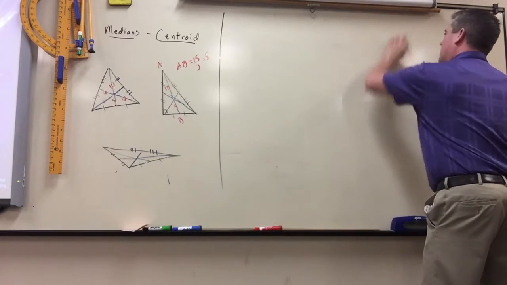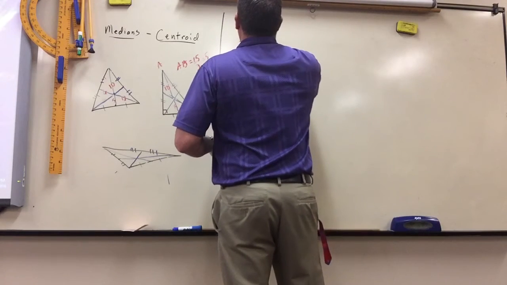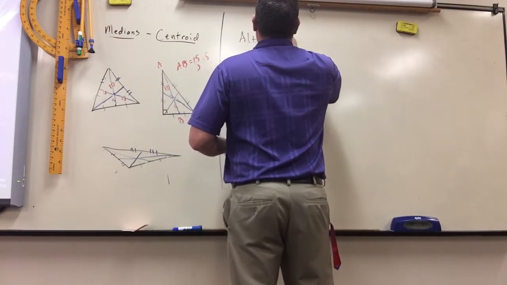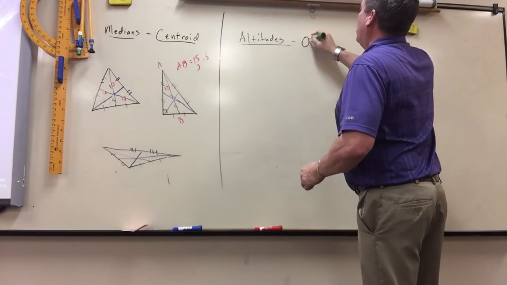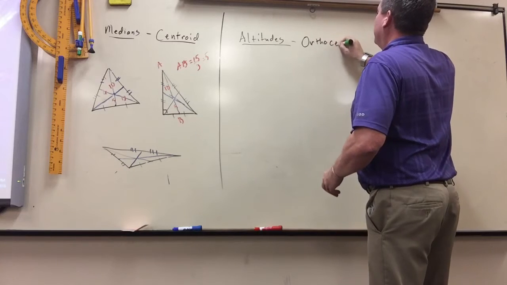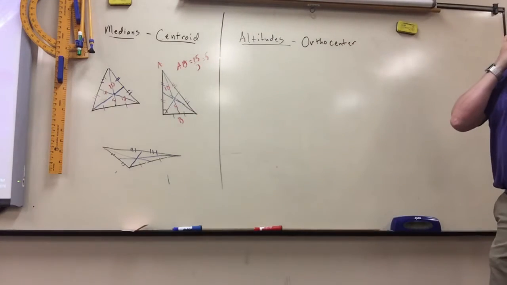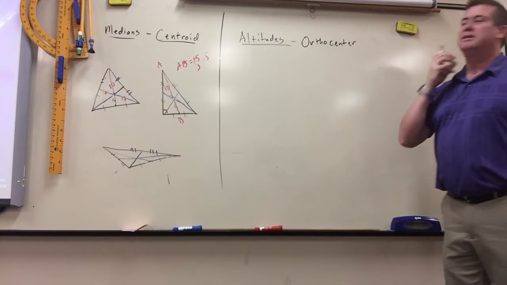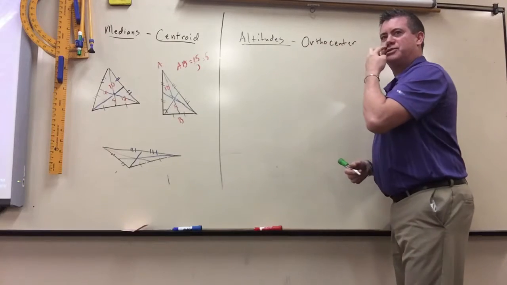The altitudes are similar to the perpendicular bisectors. They meet at a point called the orthocenter. And this is on the test. There is a question about the orthocenter on the test. So you need to know if they talk about an orthocenter, then it means it's an altitude.